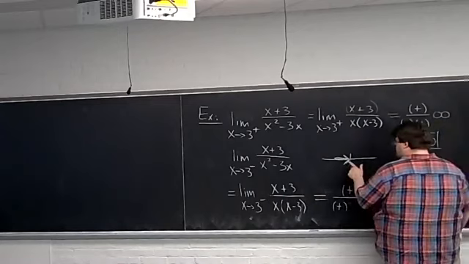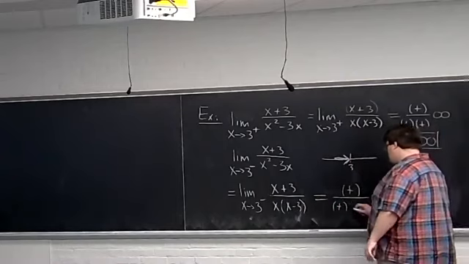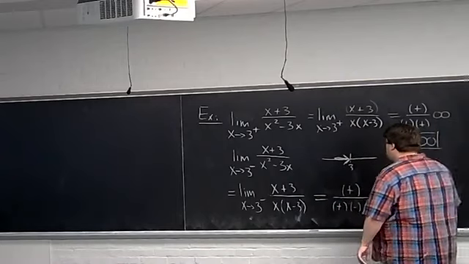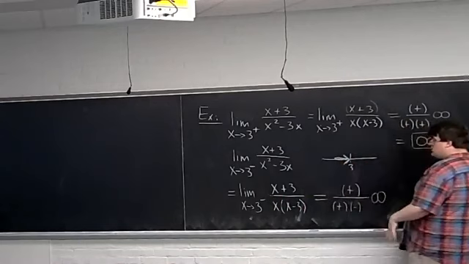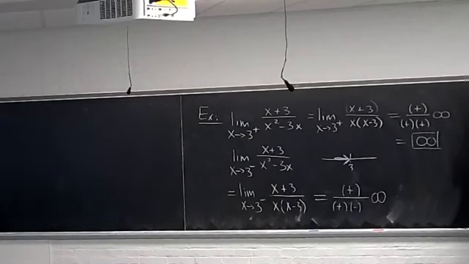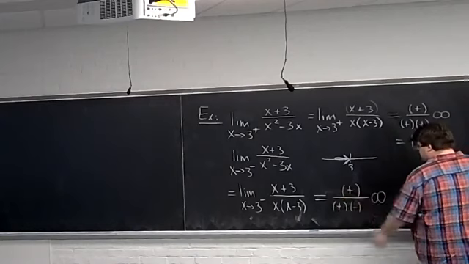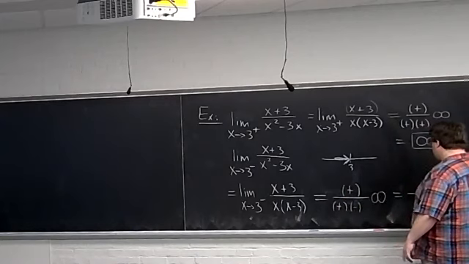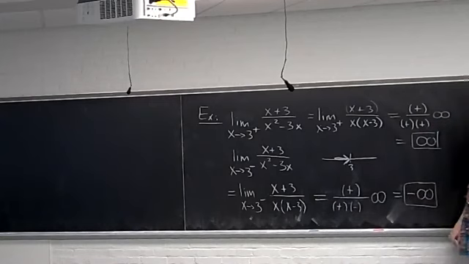Take numbers close to 3, but on the left of 3, subtract 3, what happens? Well, if you take a number on the left of 3, subtract 3, you wind up on the other side of 0, which gives you a negative. Positive times negative gives us a negative infinity.